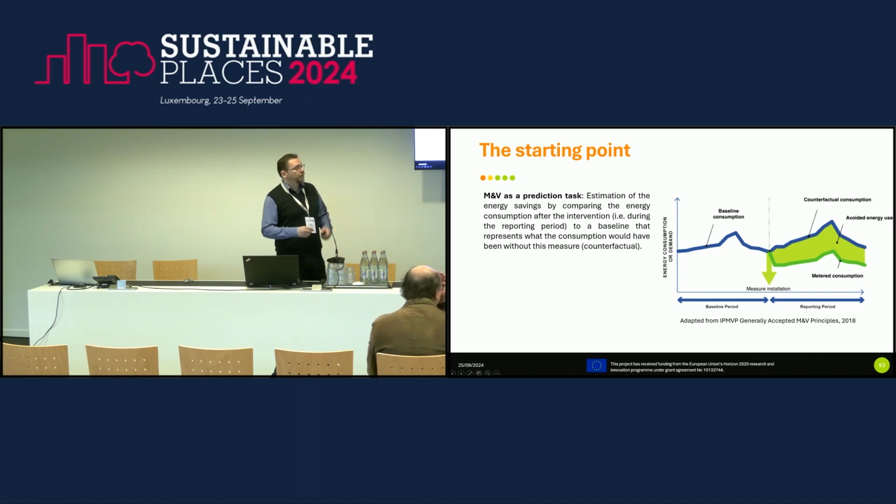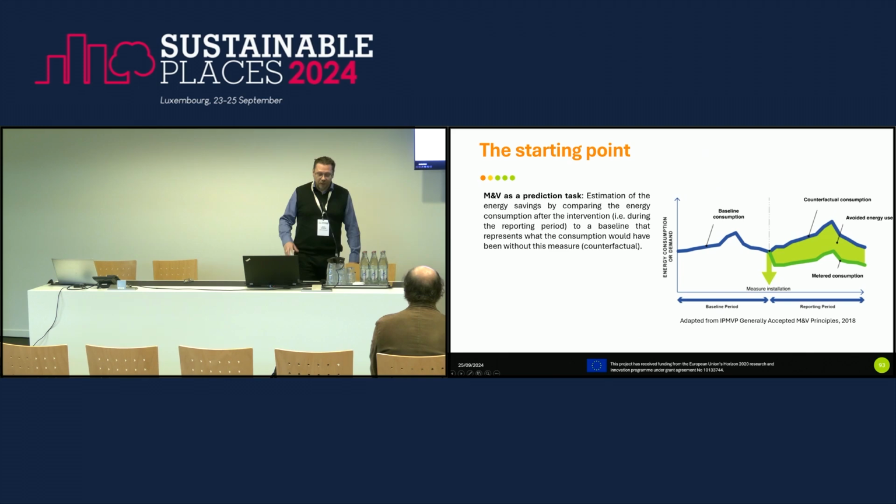for measurement and verification. If you have ever heard the term measurement and verification of energy savings, you have seen this graph. This graph comes from IPMVP, which is the international protocol for measurement and verification. And pretty much it says that you can treat M&V as a prediction task. At some point I have an intervention.